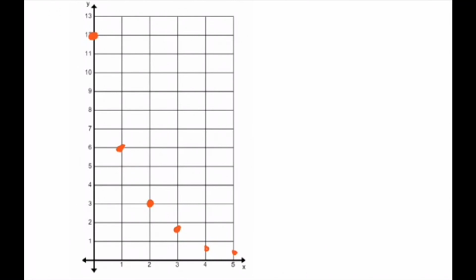Now again, we're not going to connect those dots because you can't have a 1.5 term or a 1.7 term. There's nothing in between the first and the second term. So we're not going to connect it. But the equation that we come up with is going to describe it. Okay, so who can tell me what my equation is going to be for number 34? Yes.